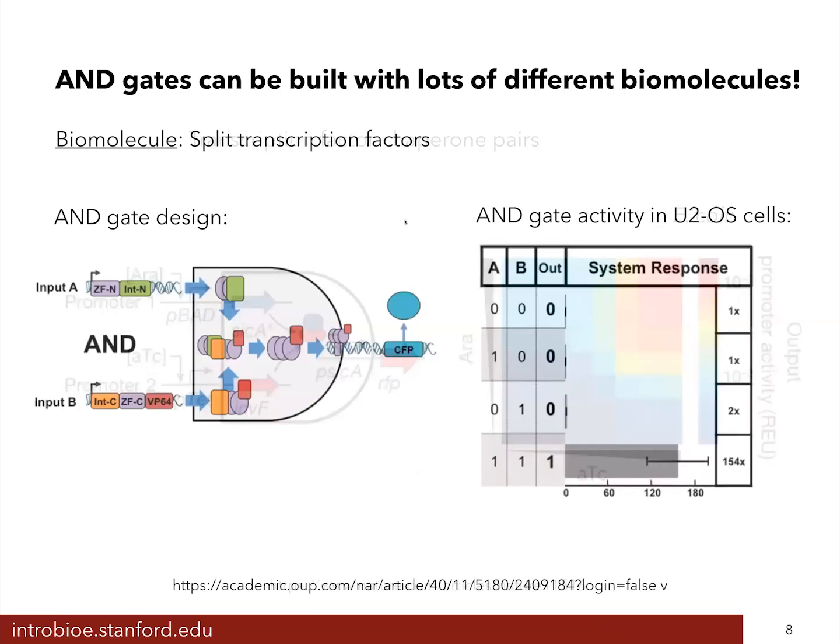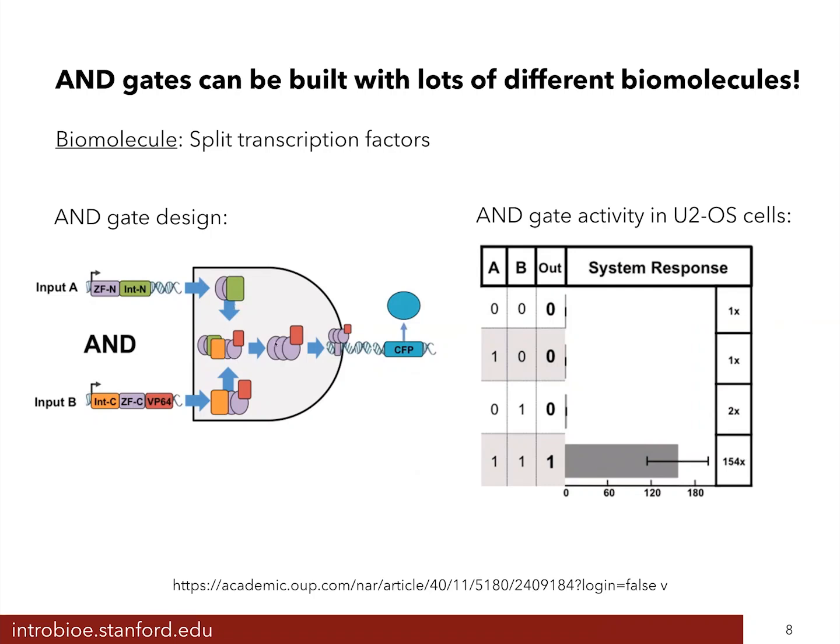It's not the only way to build an AND gate. You can actually take one transcription factor and split it in 2 and drive expression of 1/2 of the transcription factor with one input promoter and the other half with another input promoter. So only when you then get expression in promoter A and promoter B that you get both halves of the transcription factor being made.